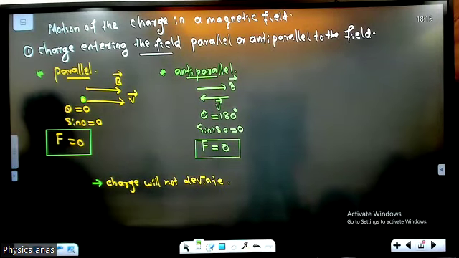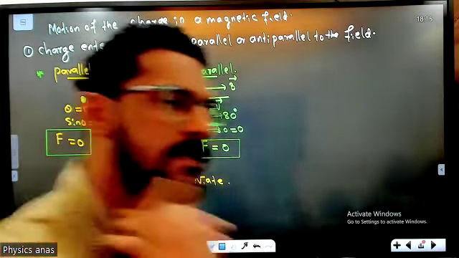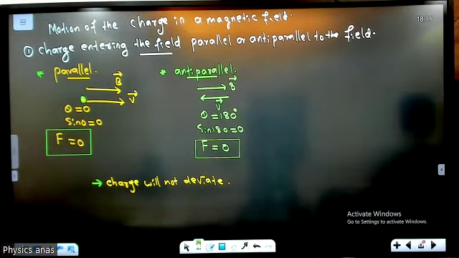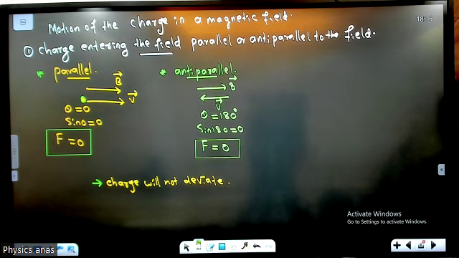Which force will be providing the necessary centripetal force for this circular motion? The magnetic force. So the magnetic force will be the centripetal force in this case. We have to derive some equations from that.